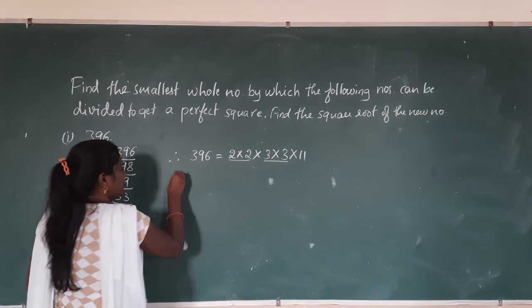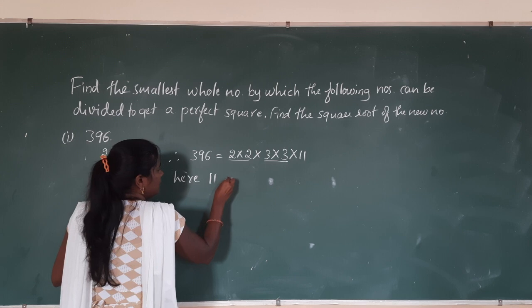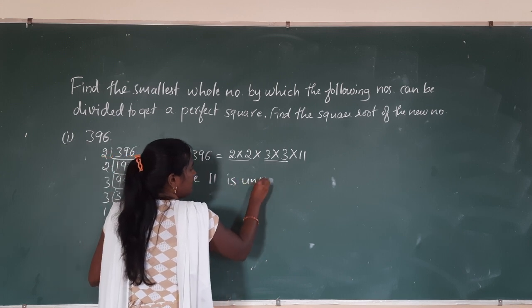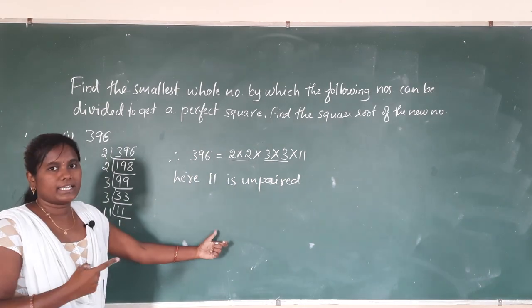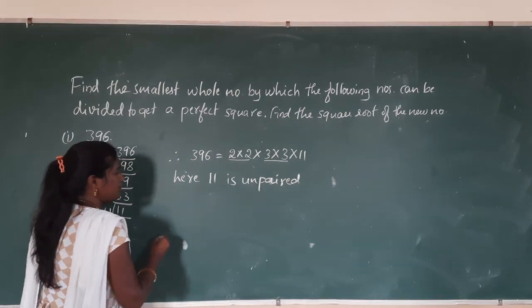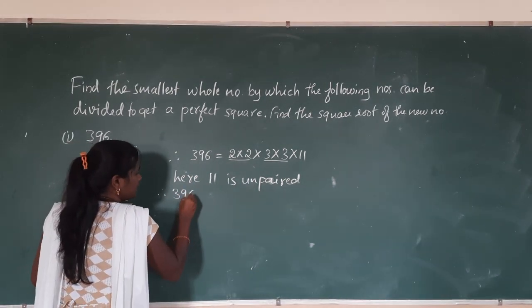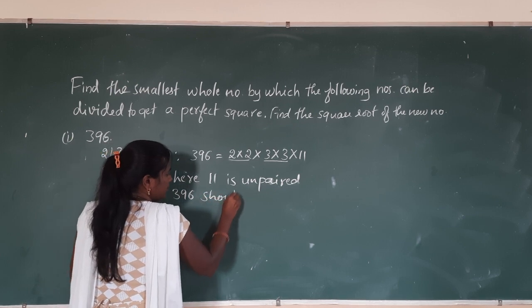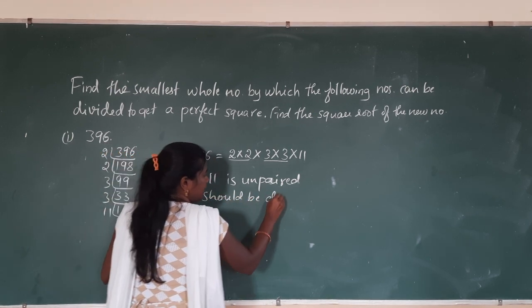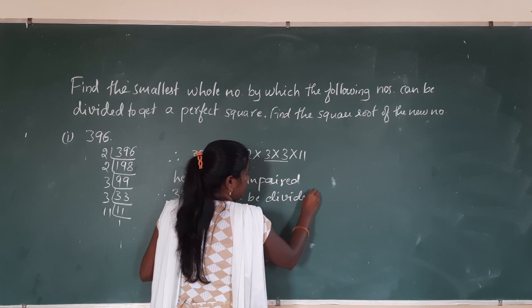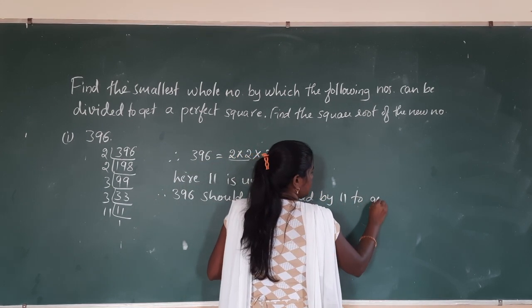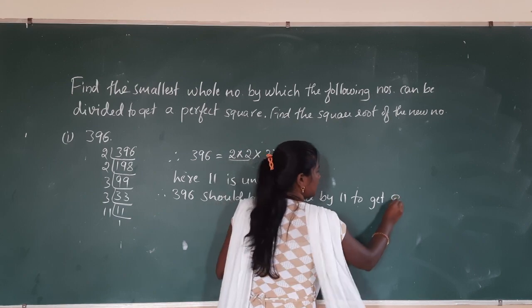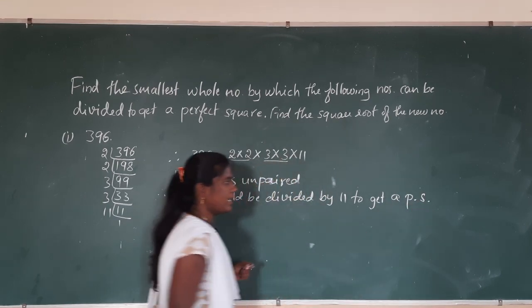Yes, I will do it. Here 11 is unpaired. See the way I am writing. Therefore, 396 should be divided by 11 to make a perfect square.